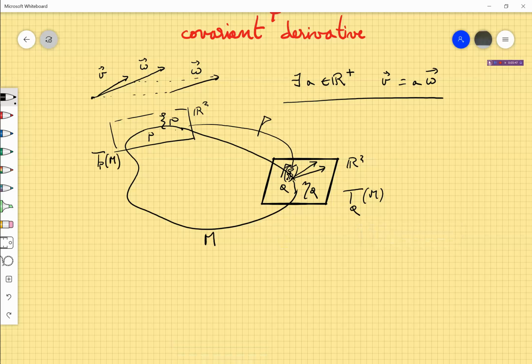The question is, what is this rule that allows us to parallel transport a vector from the tangent space at P to the tangent space at Q? If we have this rule, we have to have this rule for every point in space. We will have something which is defined at all points, okay?